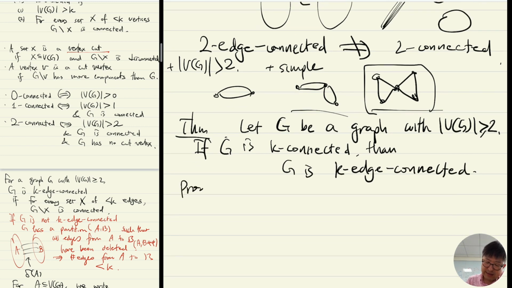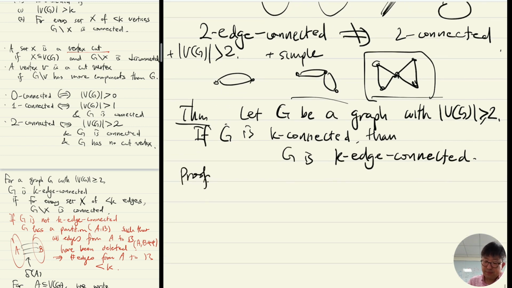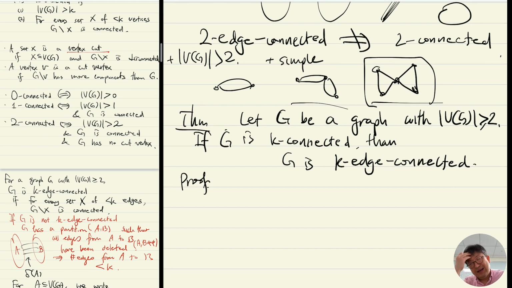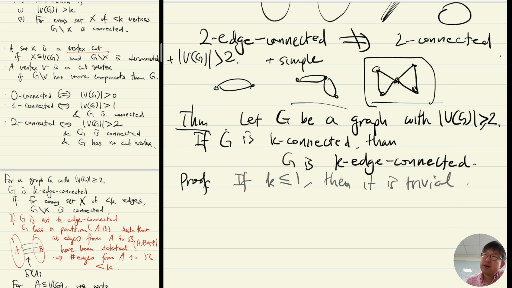Why is this the case? If you look at this statement, it seems quite trivial, but actually there are certain points where it could go wrong. Let's see what happens. If k is less than or equal to 1, then it's trivial. Let's not do it.